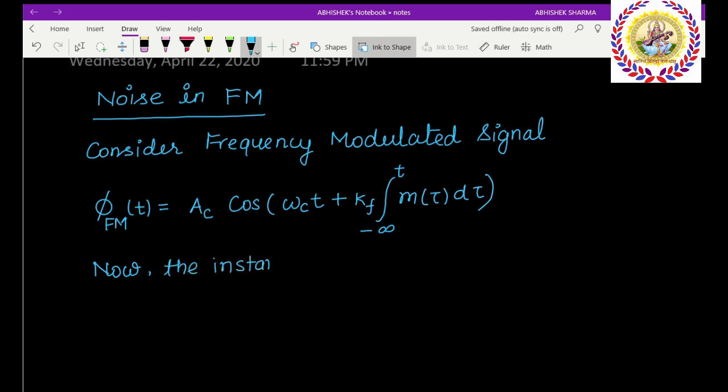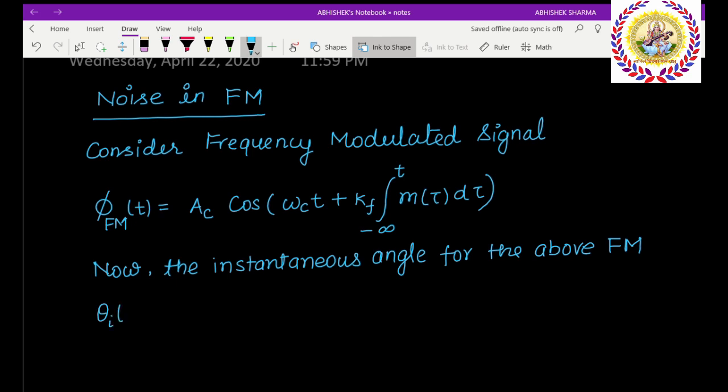Now the instantaneous angle for the above expression of the frequency modulated wave is given by theta_i(t) equal to omega_c t plus k_f integral from minus infinity to t of m tau d tau.